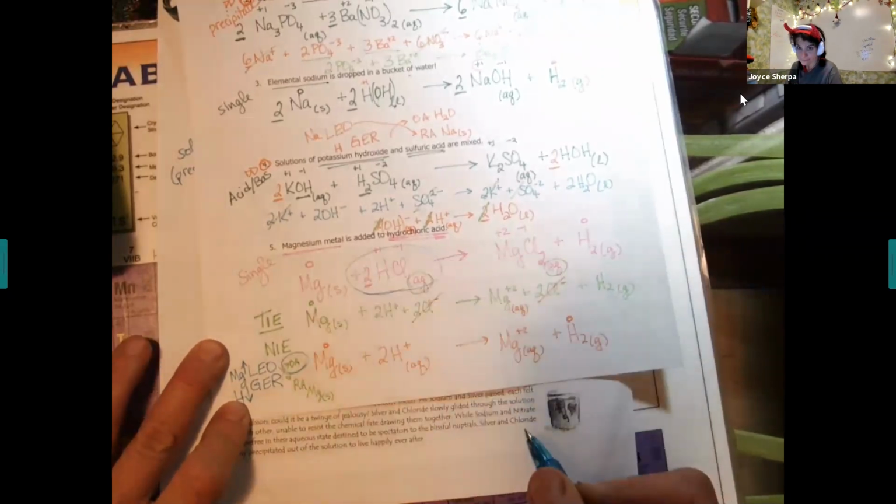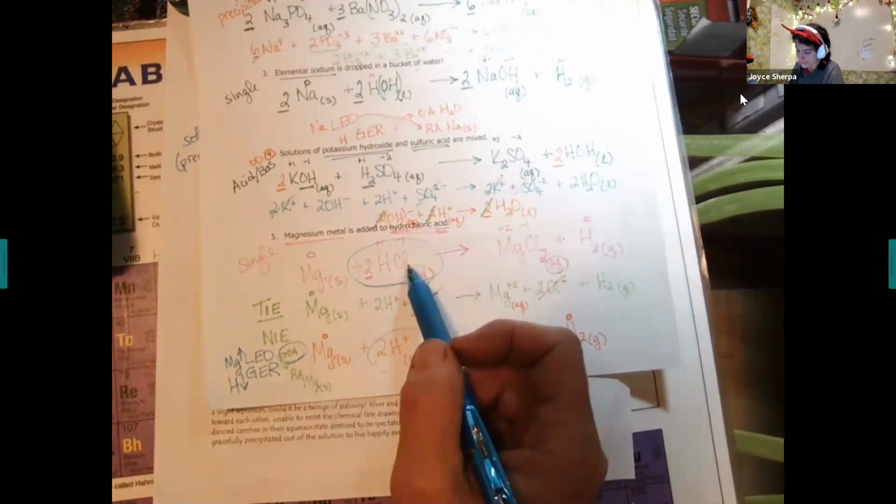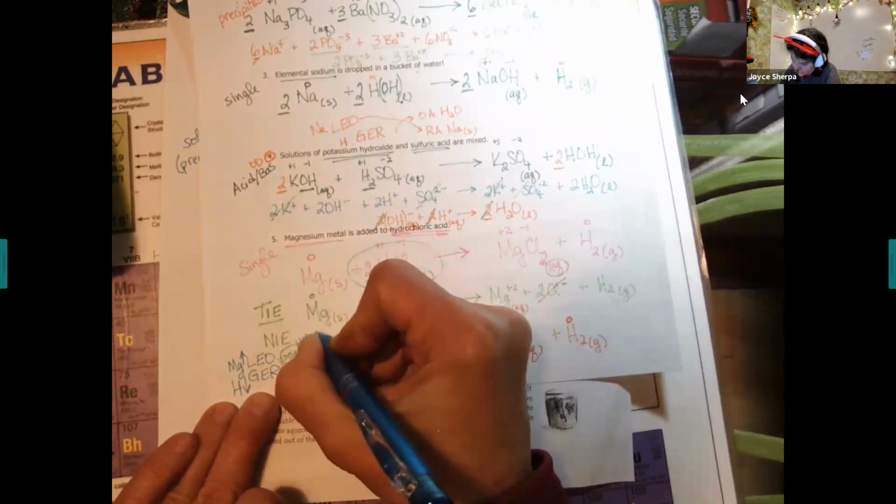You could say the HCl, but it's actually the hydrogen ion that did it. So either HCl or hydrogen ion, not hydrogen, because the hydrogen gas is over there. So HCl or H plus. Don't give me both, just give me one or the other. Questions?